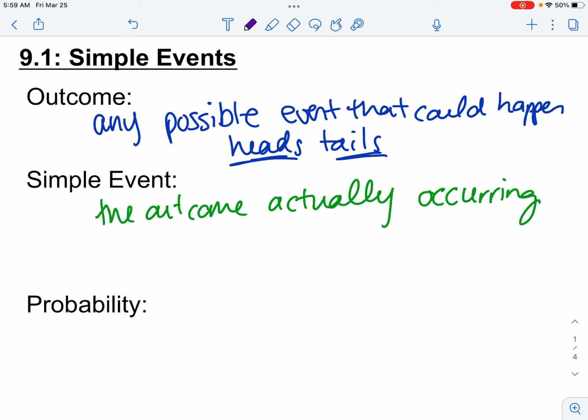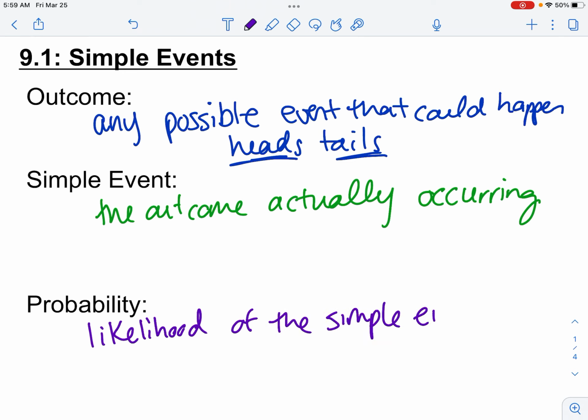And then finally, probability is the likelihood of the simple event. So what's the likelihood that you'll flip a heads? What's the likelihood that you'll flip a tails when you have a coin? So that's what probability is, and that's your focus for today. You can do probability with percents, with decimals, with fractions. Our focus will be on fractions. If you're not ready to move on, you can press pause. Otherwise, keep watching.